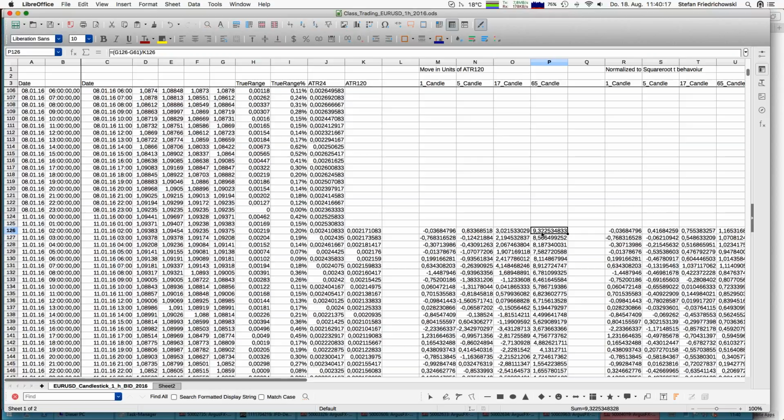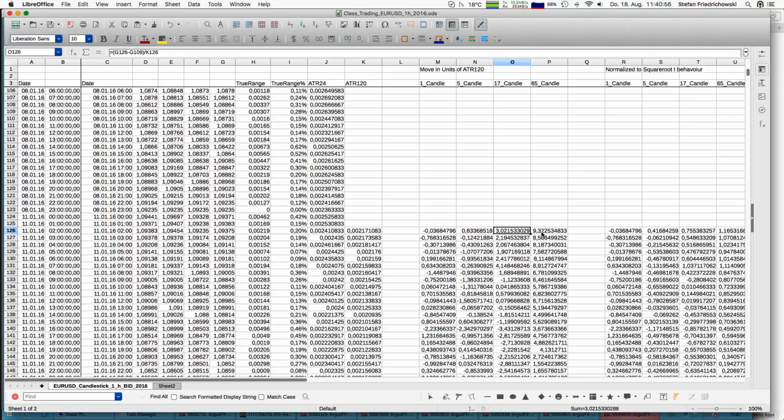Of course, those numbers might be sometimes big, sometimes small, but something like that can create typical situations. It's a little bit like candlestick formations, but now a little bit different, because we don't look for 3 candles in a row. No, we look for the difference from now to 1 candle backwards, 5, 17, and 64 candles.